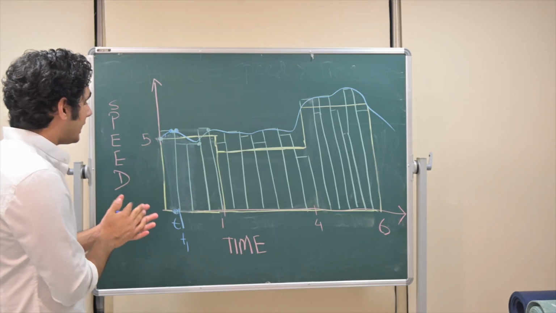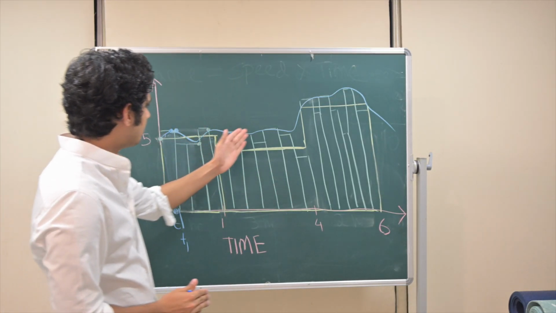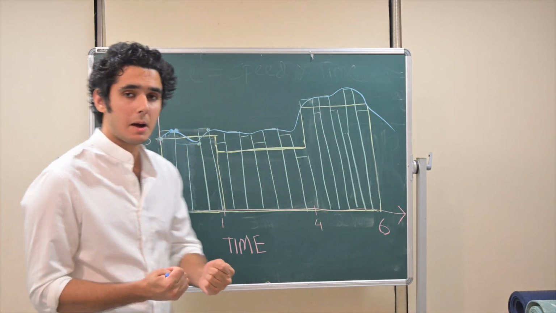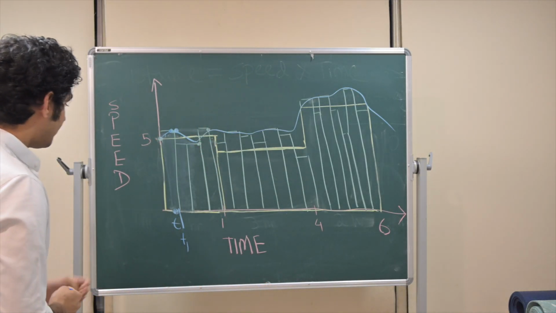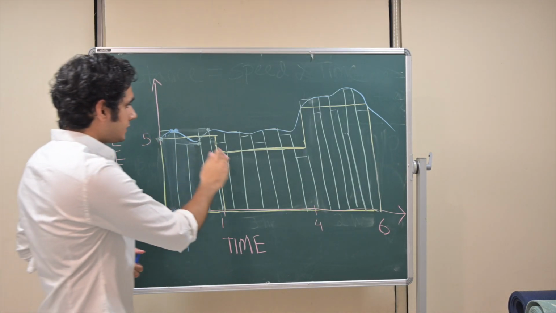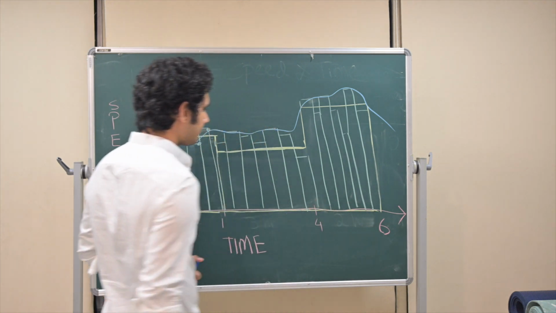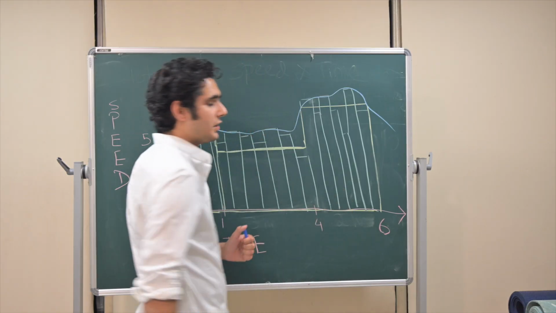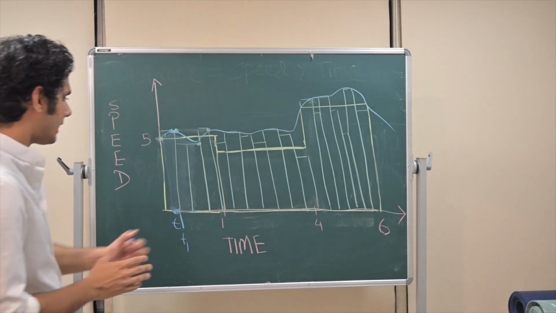And in this way, if we can imagine that this curve, the speed curve for a bicycle, is made up of infinitely many thin boxes, then we can conclude that the area under this curve from time 0 to time 6 is the total distance that we traveled across our journey, across that time.